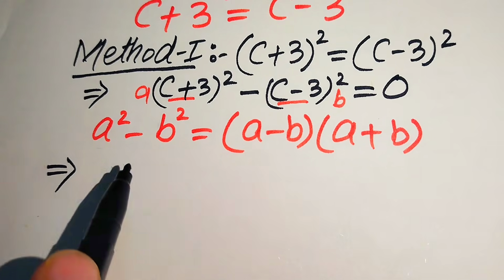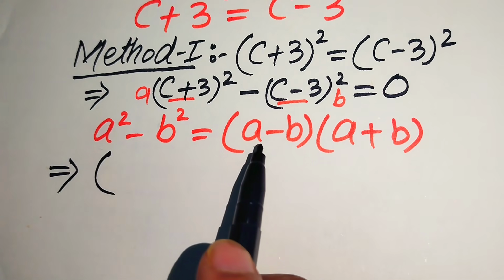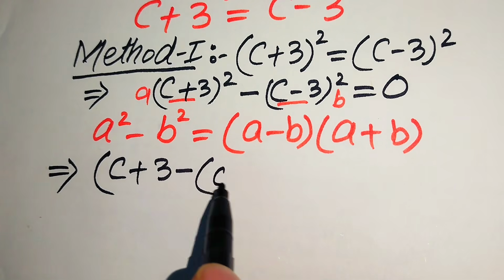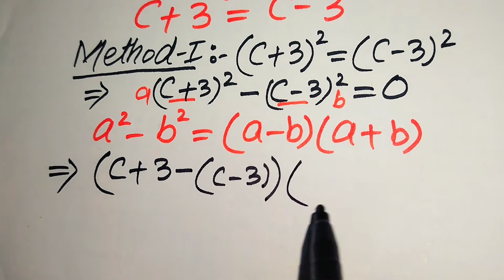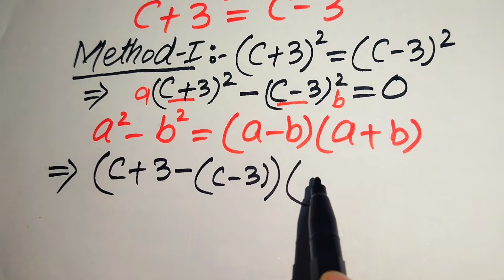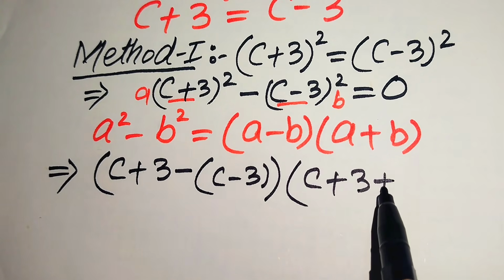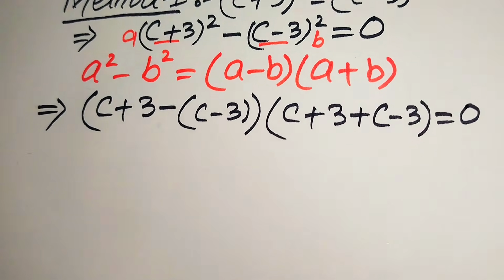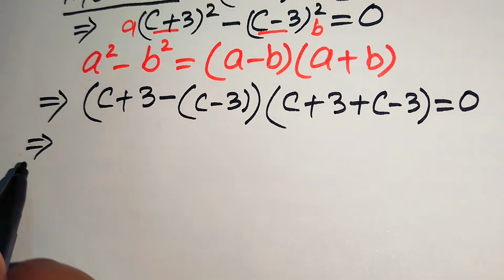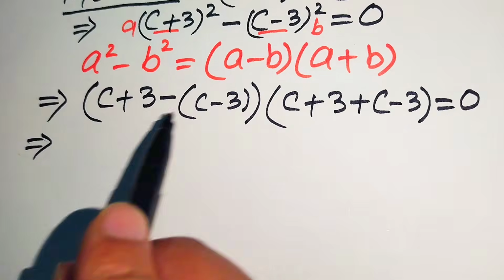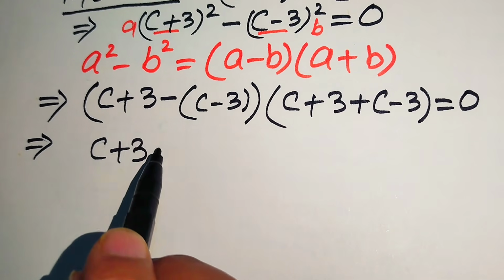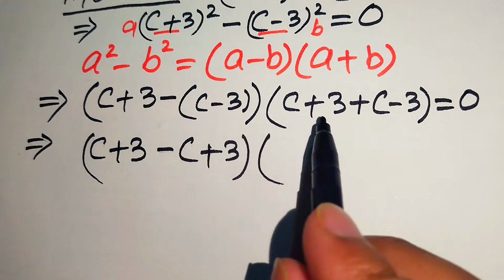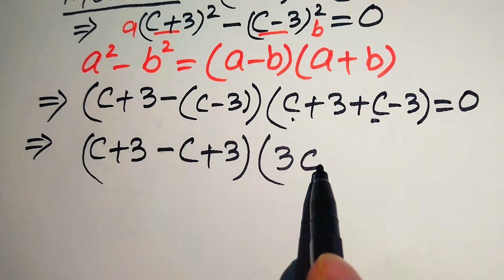After applying this formula to the above equation, our first factor is a minus b, where a is c plus 3 minus b is c minus 3, times a plus b, where a is c plus 3 plus b is c minus 3, and this whole equation is equal to 0. Here we need more simplification. First we multiply the negative sign through, and it becomes c plus 3 minus c plus 3, and c plus c becomes 3c.